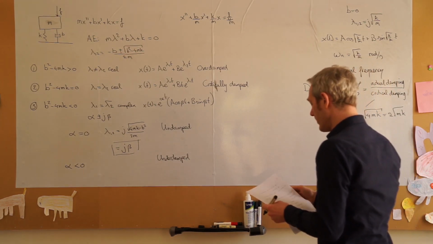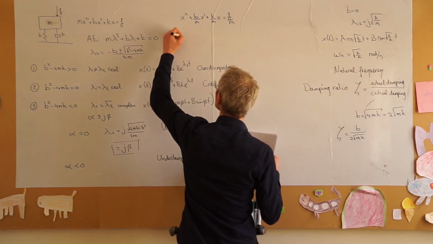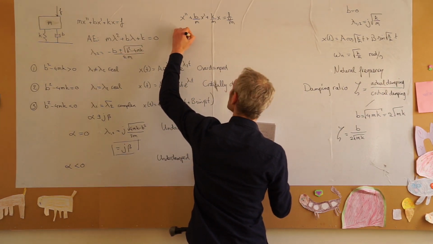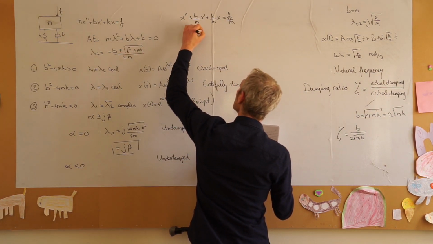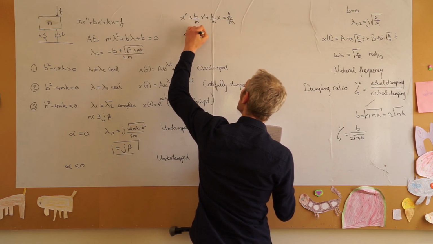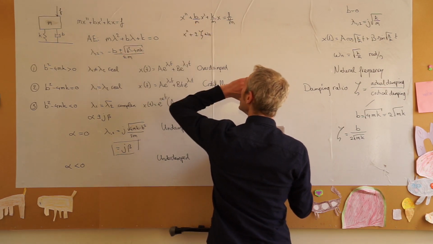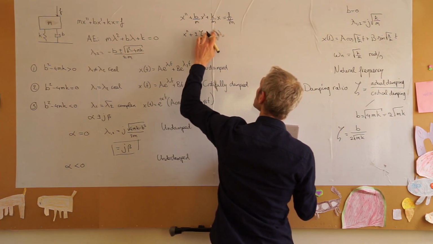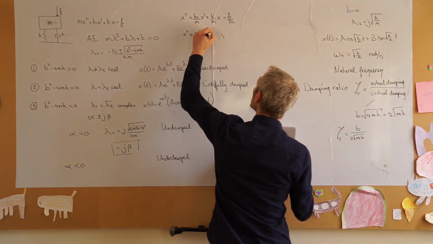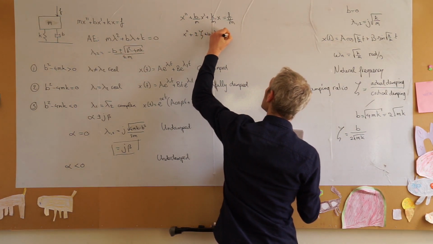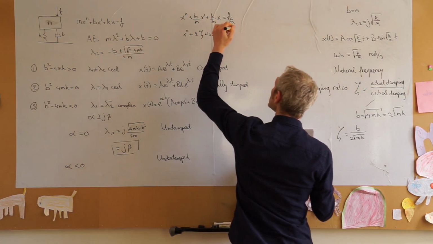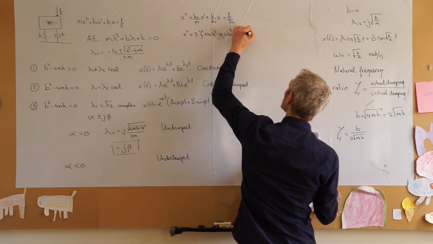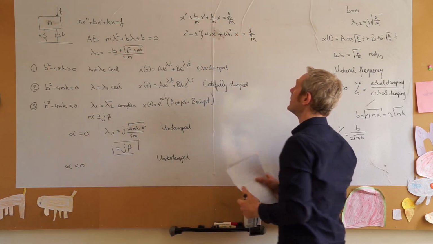But in this form, I can write it as x double prime plus 2 times zeta times omega n times x prime plus omega n squared times x is equal to some force input.